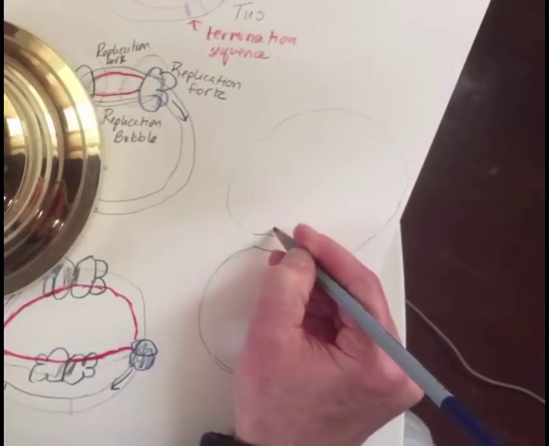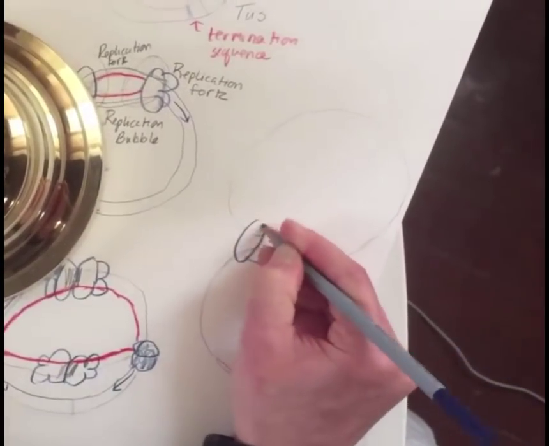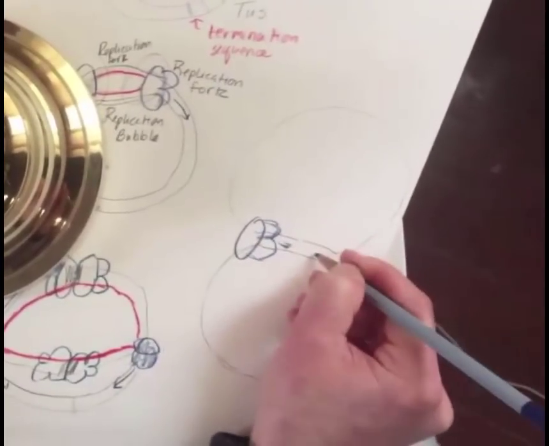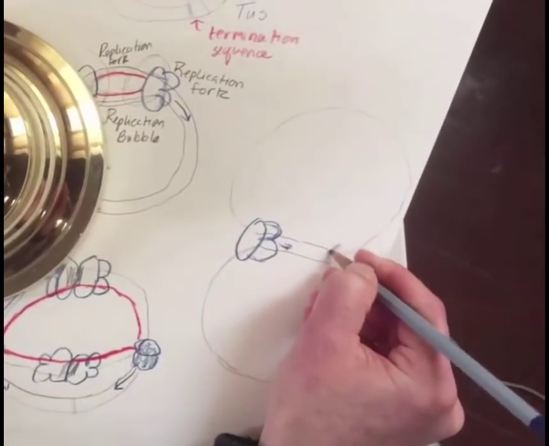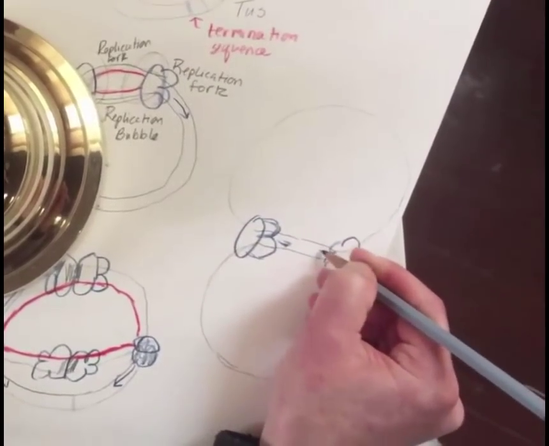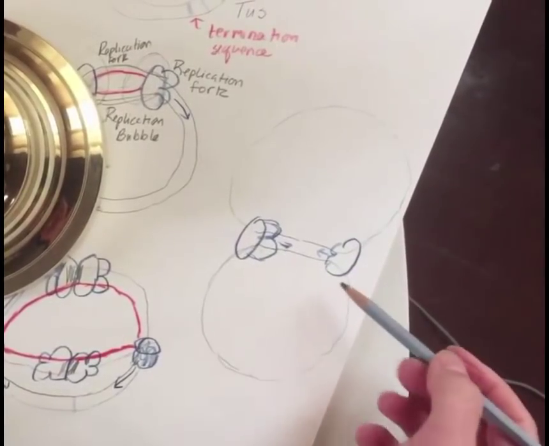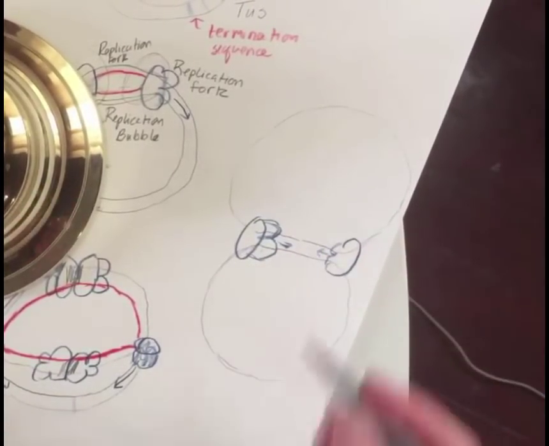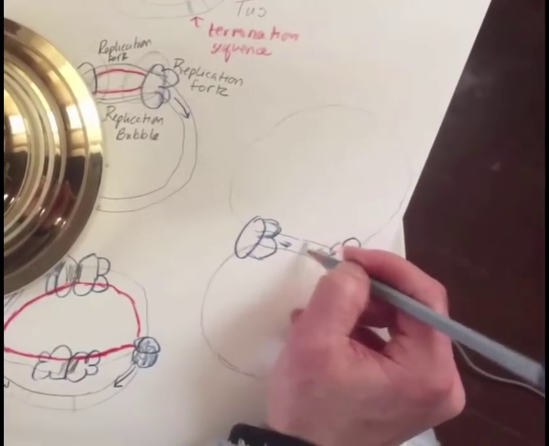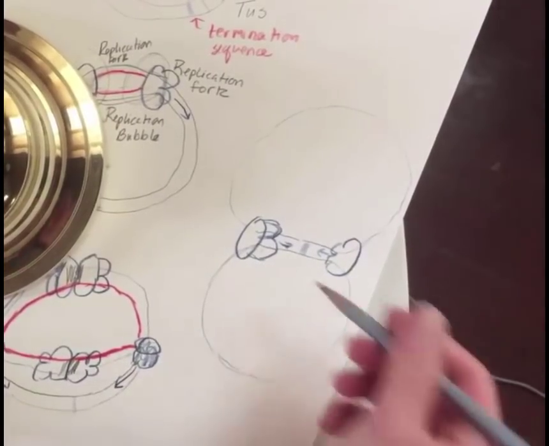But let's just remind ourselves that we've still got our replisomes. There's one there, it's headed this way, and one here, it's headed that way. They're basically on top of the terminator site, or the termination site, right here where they'll meet with Pus. So these are almost ending replication.